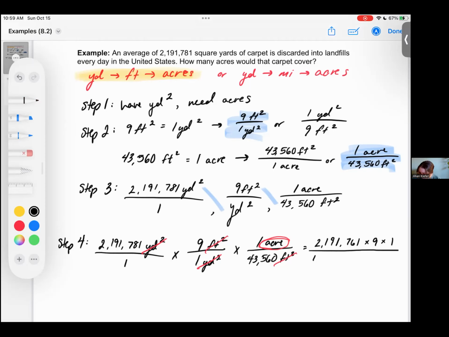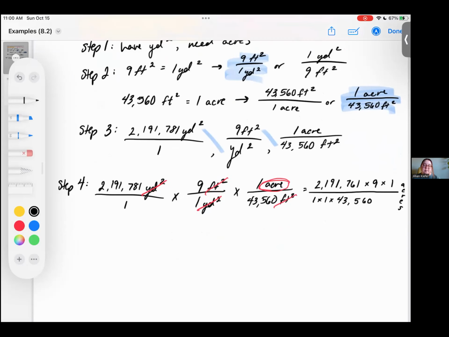And then we'll divide by 1 times 43,560. So this is what we're trying to find. This thing here, this is in acres. We can just barely fit that in here. Acres. This is in acres.